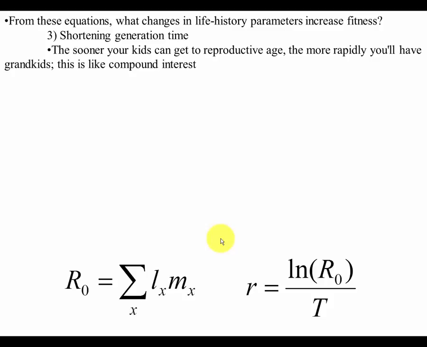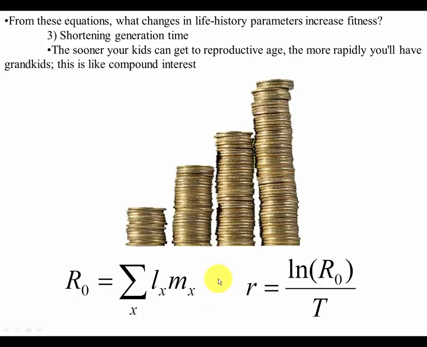So you start the runaway process of exponential growth more quickly. That's the same effect that you get if you shorten generation time, and it's extremely powerful. In fact, I believe it's Einstein who said that compound interest is the most powerful force in the known universe. He had something, Einstein. He was a pretty clever guy.